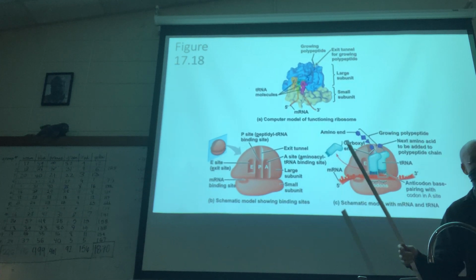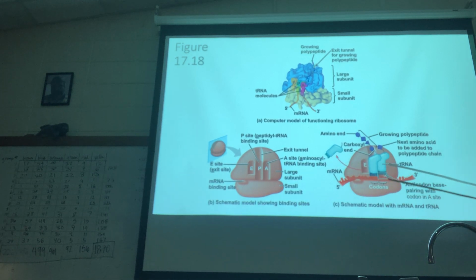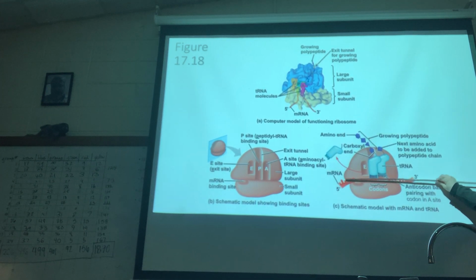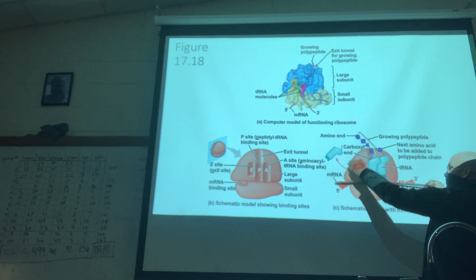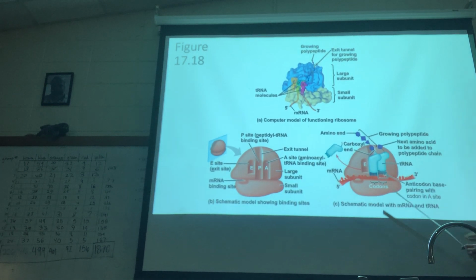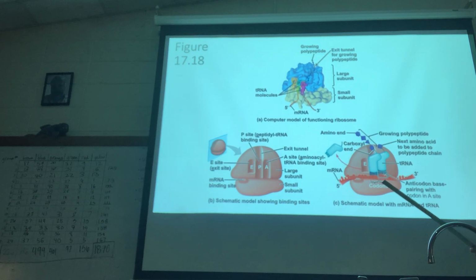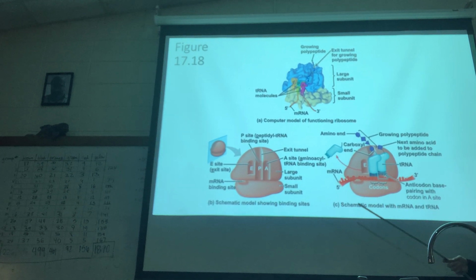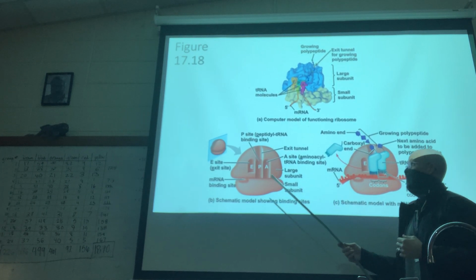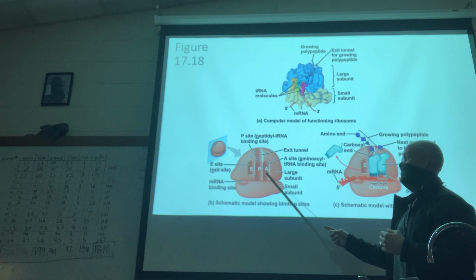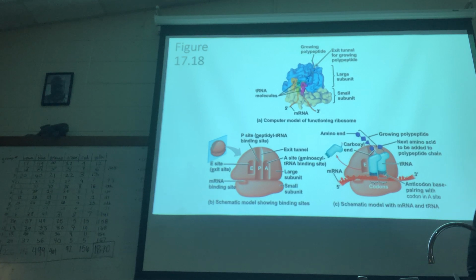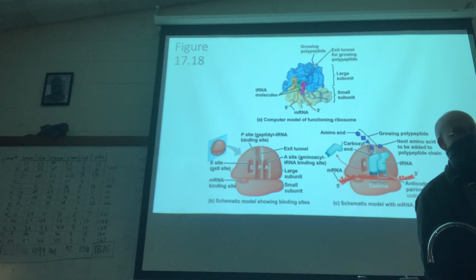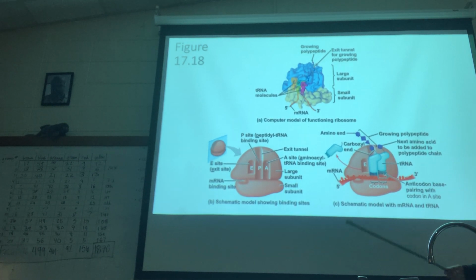It's a conveyor belt of sorts, where as the message goes through, tRNAs arrive, drop off, and exit. And there's 3 locations that your book refers to within a ribosome, which is the A site, the P site, and the E site.